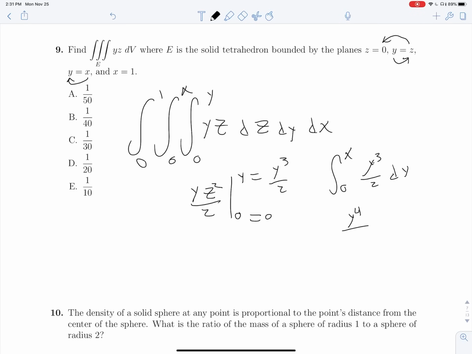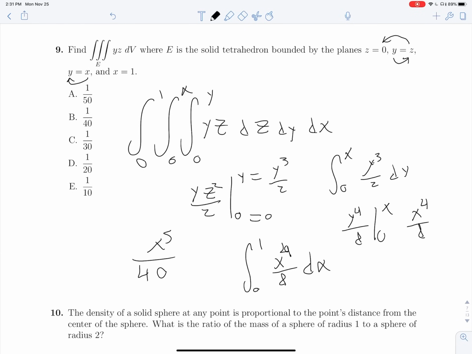This is y to the fourth over 8 from 0 to x, and this is x to the fourth over 8. Now we're taking our final integral from 0 to 1 of x to the fourth over 8 dx, which is x to the fifth over 40, evaluated on 0 to 1, which is just 1/40th.